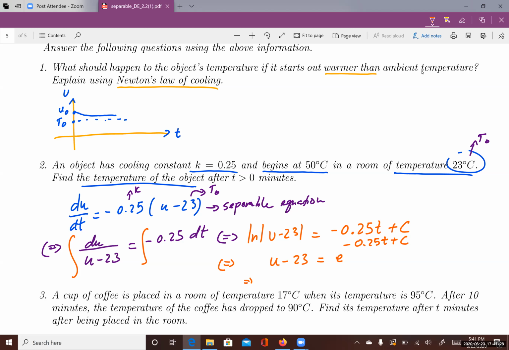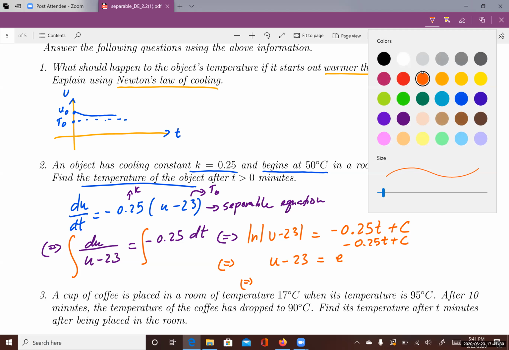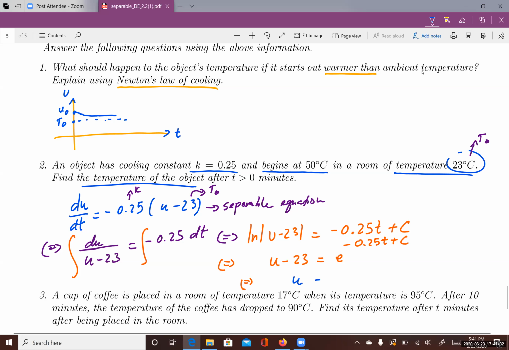And then u equals e to the negative 0.25t, right? Plus c, I can move the c up here because e to the c again is just a constant. So instead of having c here, I just combine e to the c, a constant multiplied by the constant here, and I add 23.